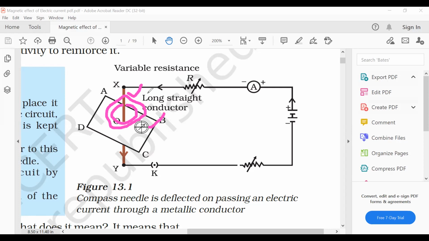So whenever these two magnets are brought near, what would happen? The force will interact, isn't it? As a result, this compass needle will be deflected. So now we can conclude that whenever current flows through a conductor, it produces a magnetic field surrounding it, right? This is one small experiment we can see here, right?